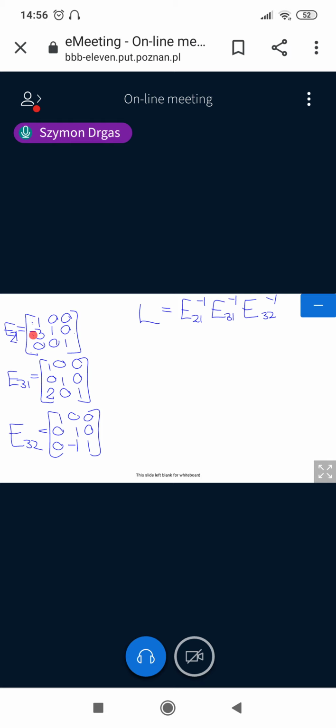So in the forward operation, we subtract the first row multiplied by 3, and in the reverse operation, we add this row multiplied by 3. So to find the inverse of E21, we just need to change the sign of this entry. Instead of -3, it should be just 3.